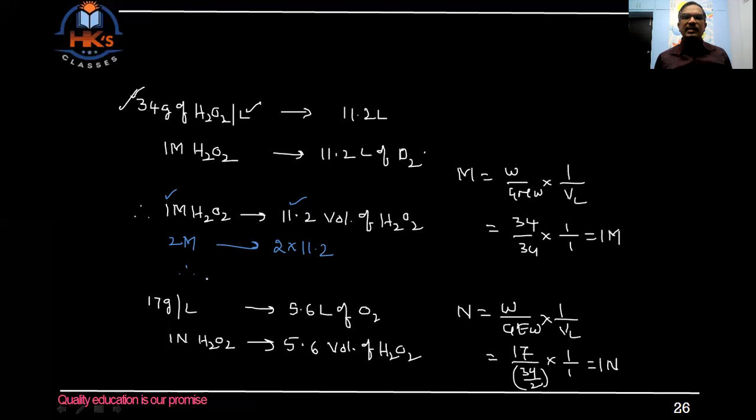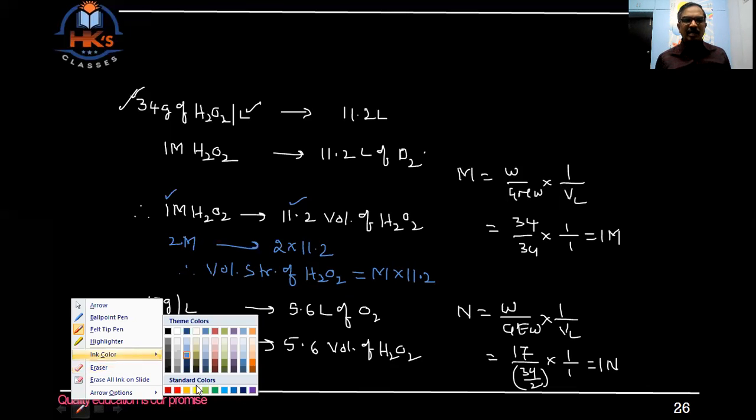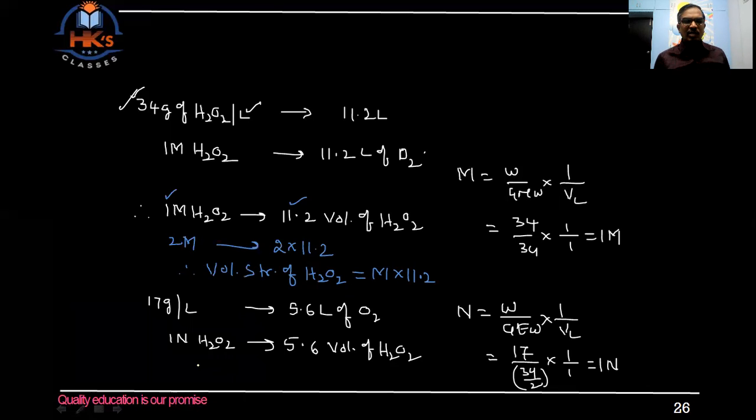Therefore, if they give us molarity, the volume strength of hydrogen peroxide H2O2 is its molarity into 11.2.